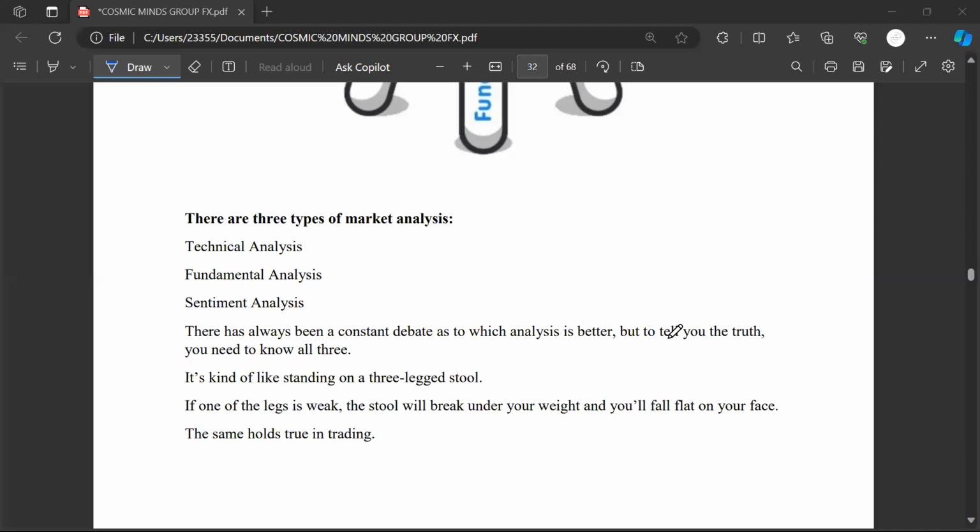analysis. There has always been a constant debate as to which analysis is better. But to tell you the truth, you need to know all 3. It is kind of like standing on a 3-legged stool. If one of the legs is weak, the stool will break under your weight and you will fall flat on your face.